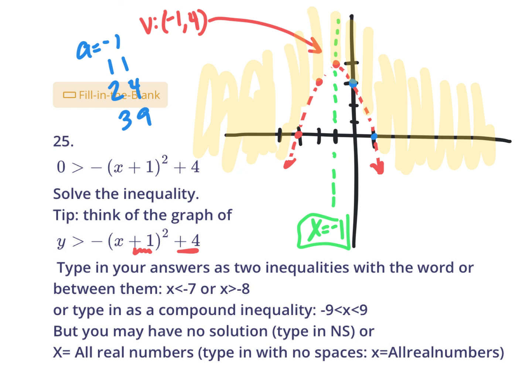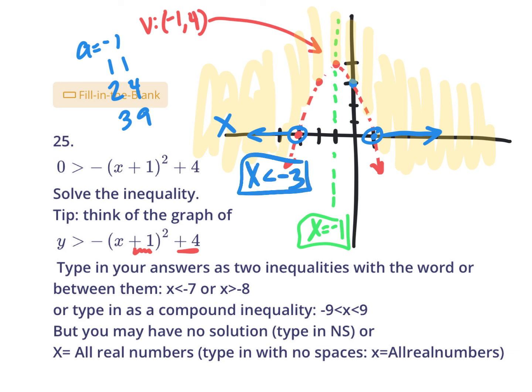So with regards to your x-axis, it's at an open dot right here going this way. It's at an open dot over here going that way. How do I know it's open dots? Because this is not a solid parabola. So because it's an open dot going to the left from the x value of -3, that's going to be x is less than -3.